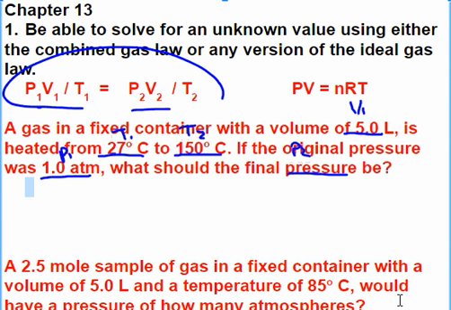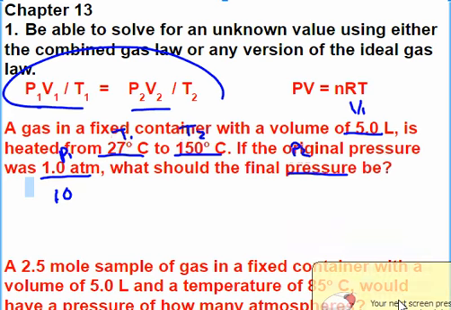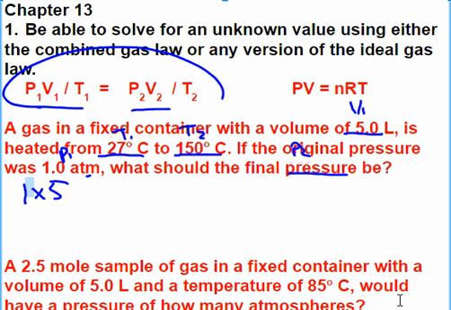So if I plug in P1, the original pressure is 1 atmosphere. So I just plug in the 1 here. V1 is 5 liters. And then T1, you have to make sure you add the 273 to this.